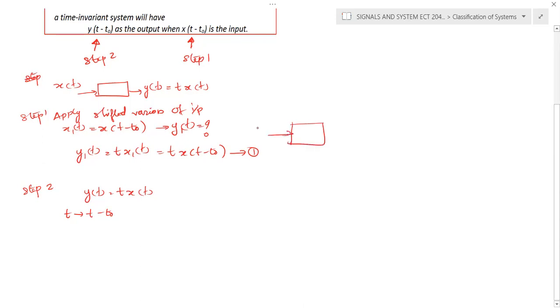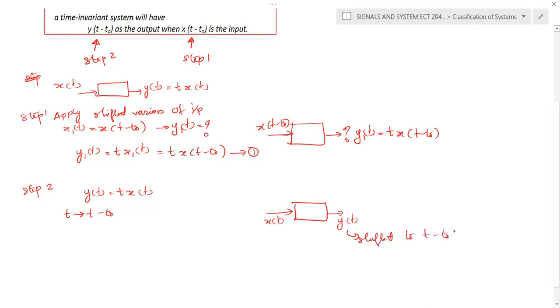We apply the input x of t minus t0 and we find the output. In this case that is y1 of t, and we got the expression t into x of t minus t0. In the second case, we already know the system response, that is, for the input x of t the response is y of t. Now we find the output when the output is shifted to t minus t0.